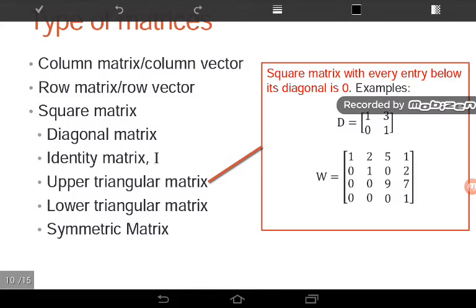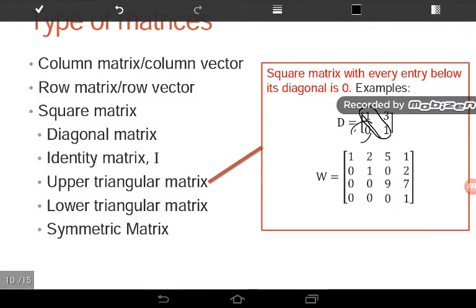Example, matrix D and matrix W. Below the diagonal are 0. So in matrix W, the entries below the diagonal are 0.